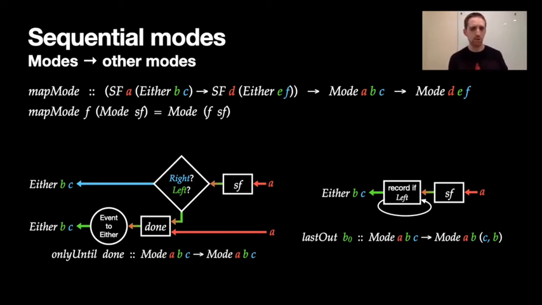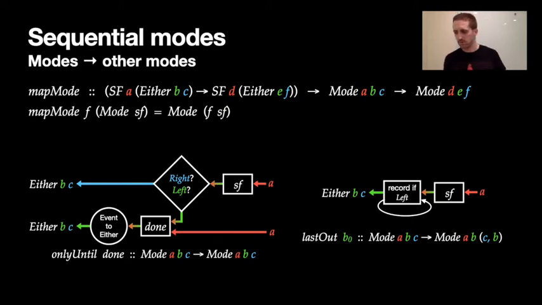We call that only until, and it takes an event source and adds it to the signal chain in this representative signal function. You can also define something called last out, which adds a recording of the signal function's output and produces it as the monadic value, as the mapped value upon the termination of that signal function.